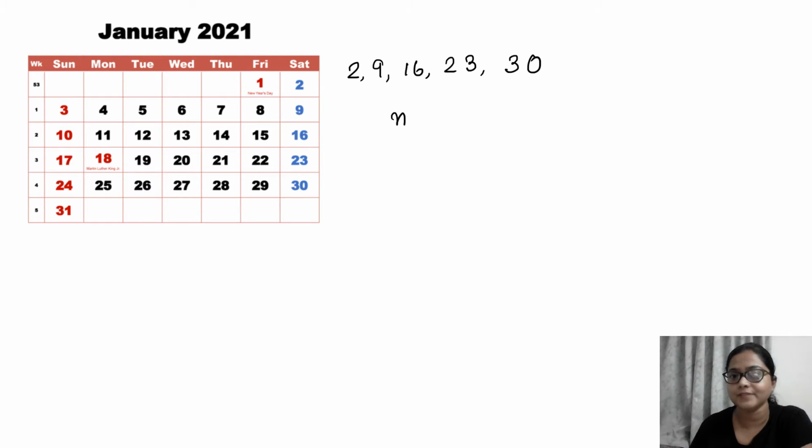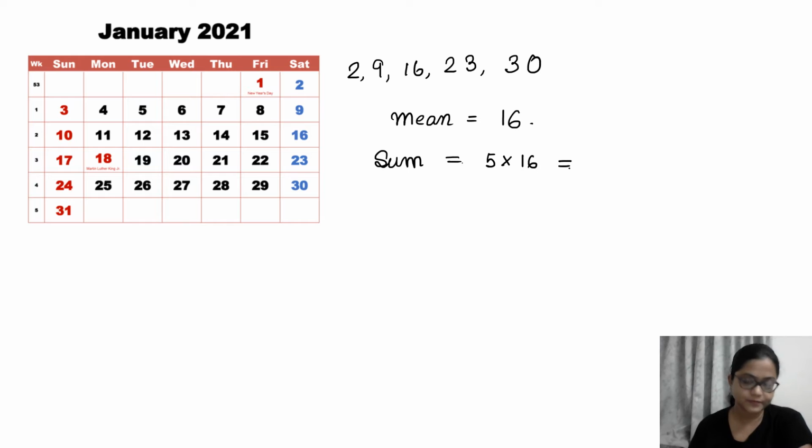Again, the mean of this sequence would be 16, and the sum, as 5 numbers are there, is 5 into 16, which is 80. So without adding the numbers, just by seeing them, we can say the mean and the sum of the sequence. So if we have an odd number of numbers in an additive sequence or arithmetic progression, the middle number will be the mean of that sequence, and the sum will be the number of numbers into that mean.